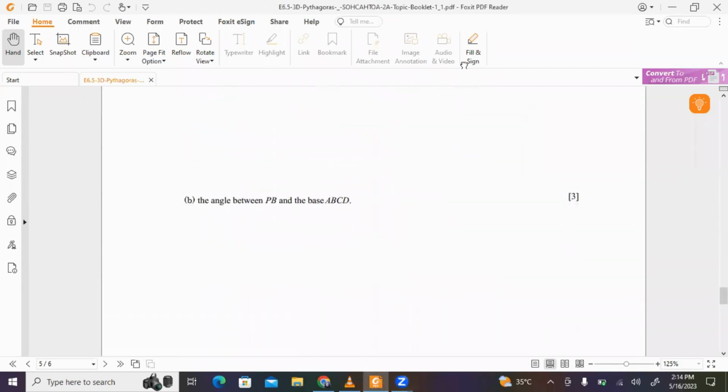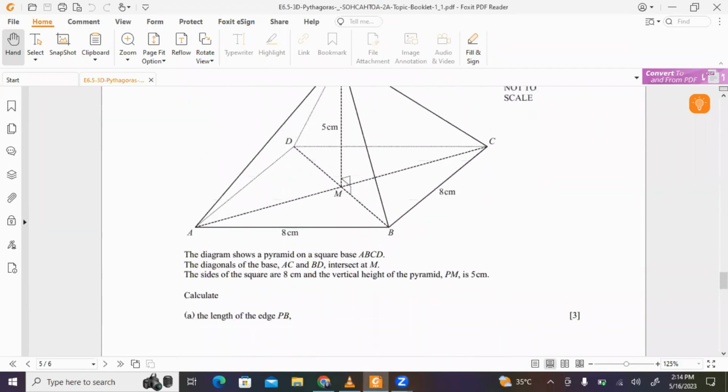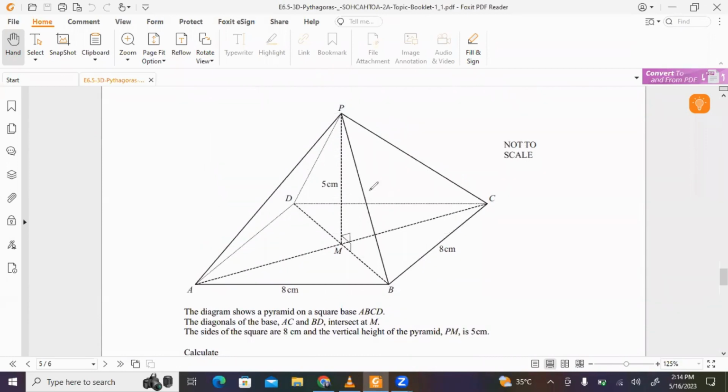Then in part B, it says the angle between PB and the base ABCD. Let's find the angle that we're making over here. I can actually use either of the ratios, but I'm going to go with tangent because that's going to use the given information as well.